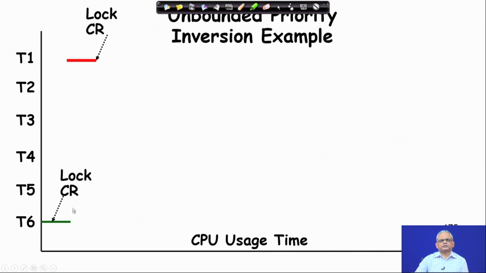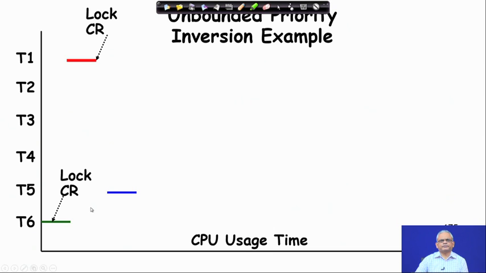So, the task T 1 waits, but in the meanwhile T 2, T 3, T 4 etc., these are tasks which do not need the resource, they become ready.